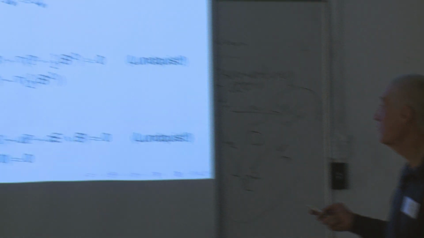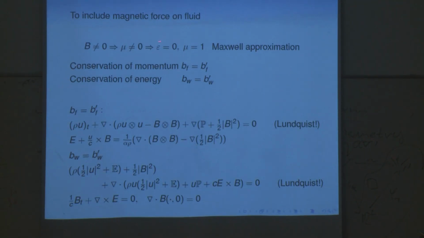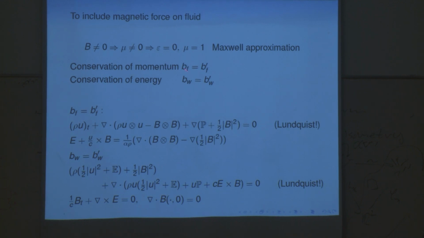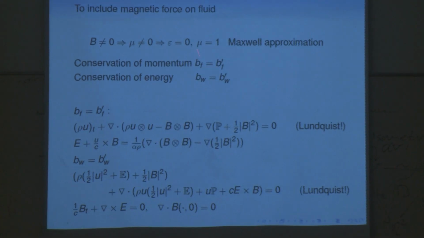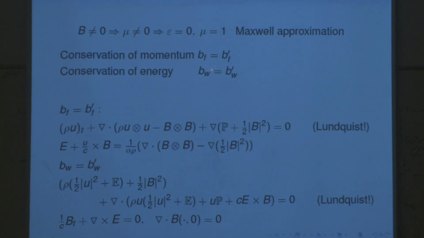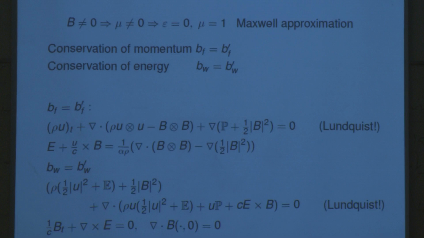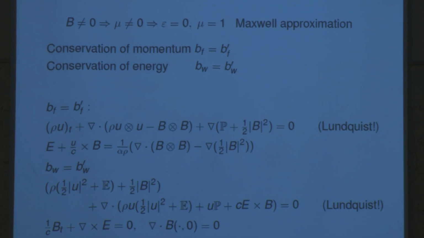If we want the magnetic force on the fluid, then we have to use the second, relatively unattractive Maxwell approximation, and that's where the fun begins. Again, we try to conserve energy and momentum by equating the work and force of the field with that on the fluid. When you do that, you just set the fluid force equal to the electromagnetic field force.